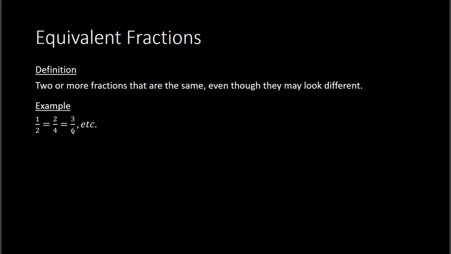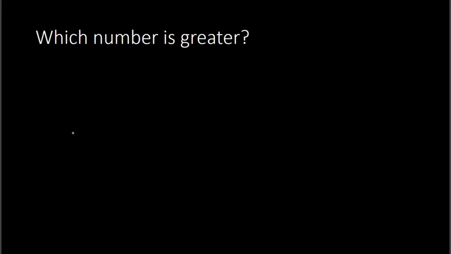So we're familiar with equal or equivalent fractions, but if you had to determine if a fraction is bigger than another fraction, how would we go about doing that? So here we have two fractions, 8/9 or 5/6. To determine which fraction is bigger, we need to have a common denominator.